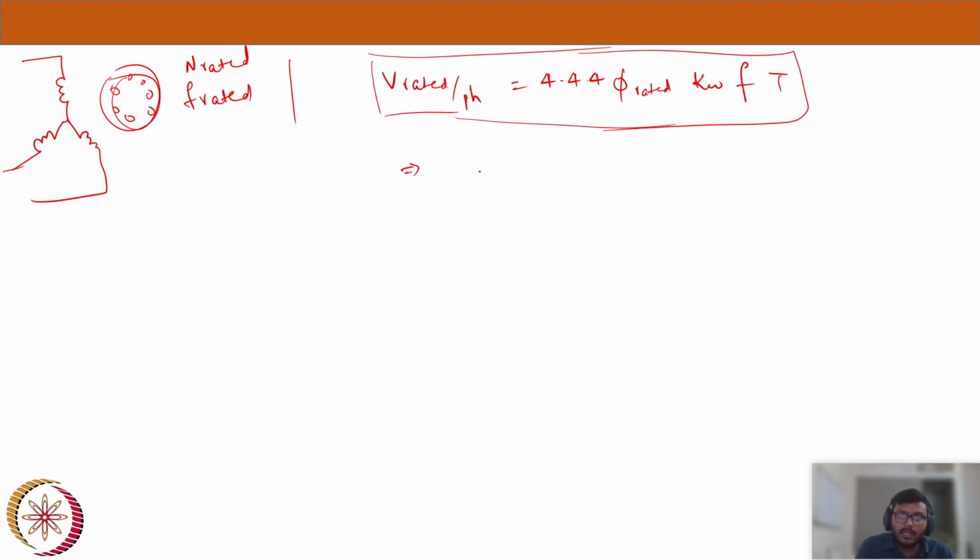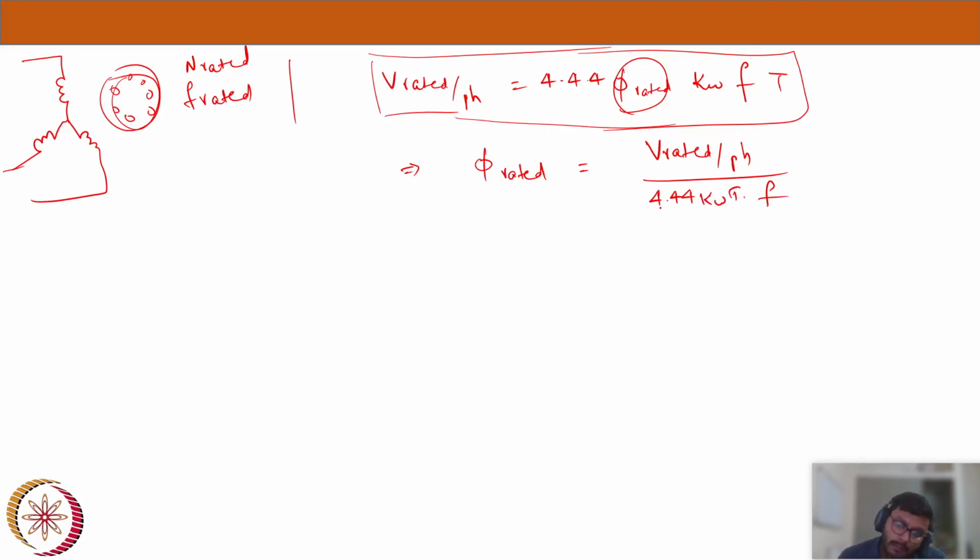Now if we take the flux formula from it, phi rated is equal to V rated per phase divided by 4.44 kW t into F, right?